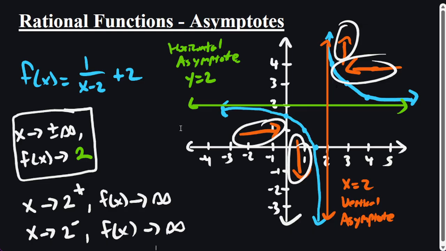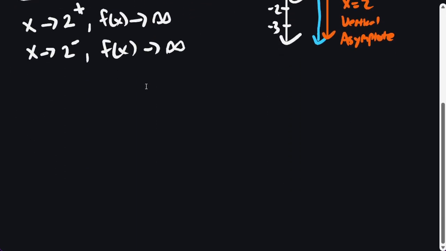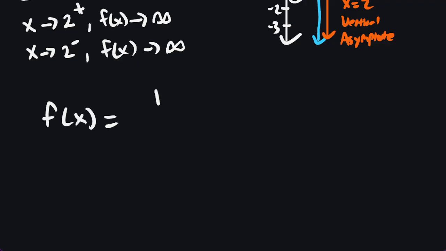So we found this function's asymptotes by taking a look at it on the graph and observing its behavior. But we can actually just take a look at the function itself, the equation for the function, to determine its asymptotes. So let's go ahead and rewrite this function: f of x equals 1 over x minus 2 plus 2.